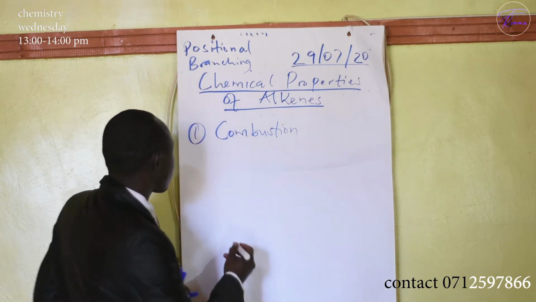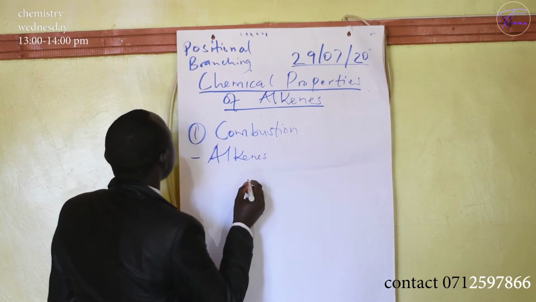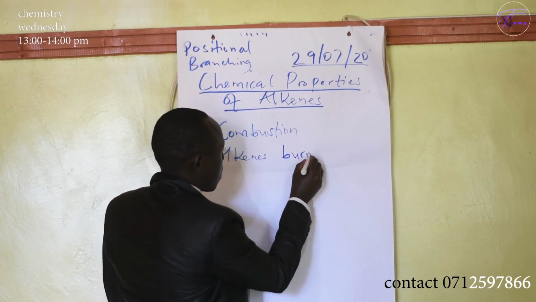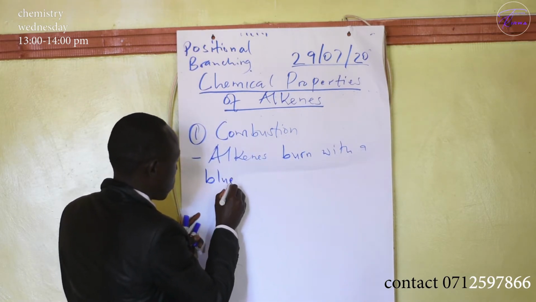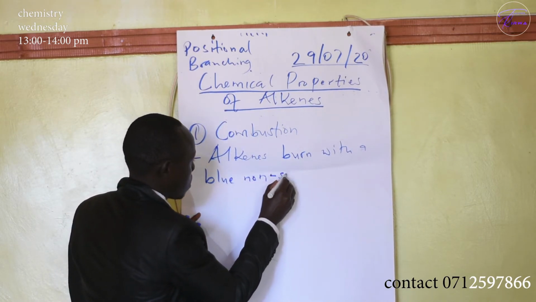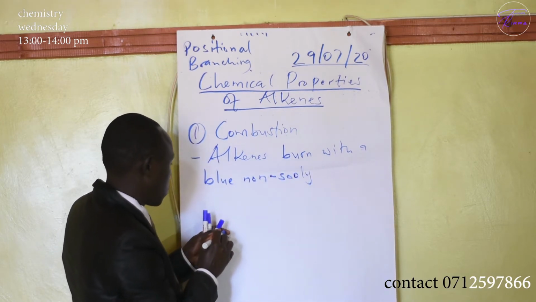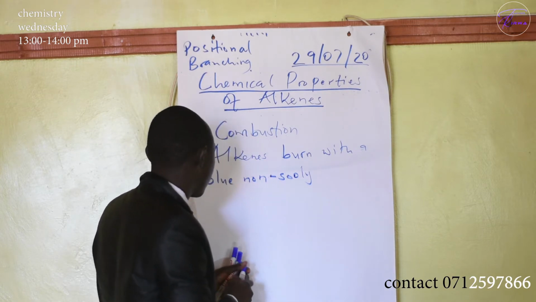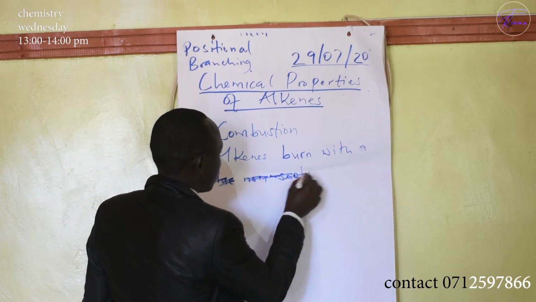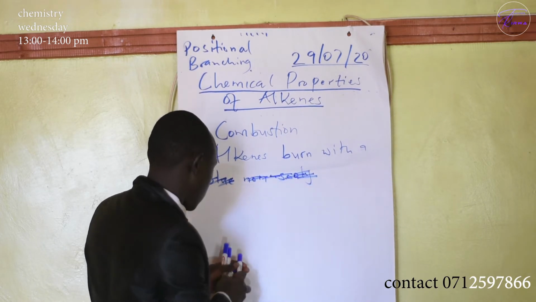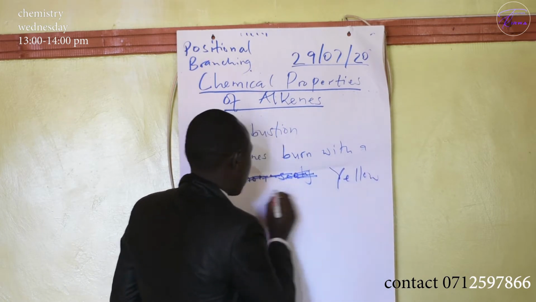So alkenes burn with a blue non-sooty flame, no, sorry for that. Alkenes burn with, not blue, but with a yellow sooty flame.